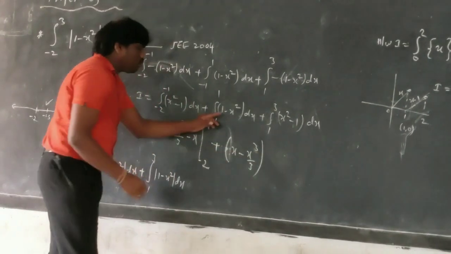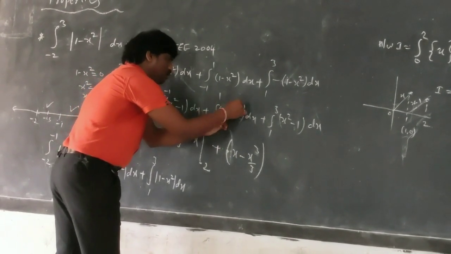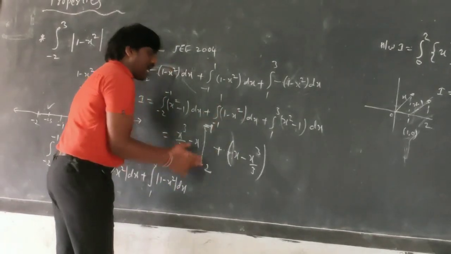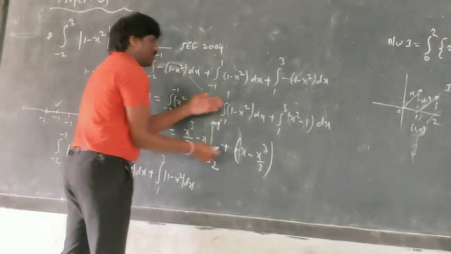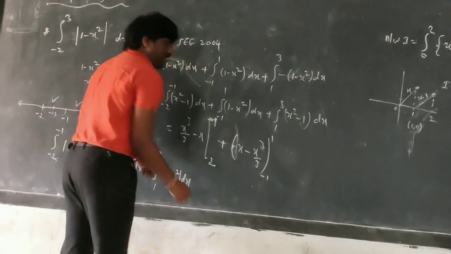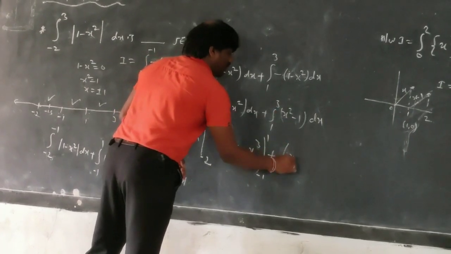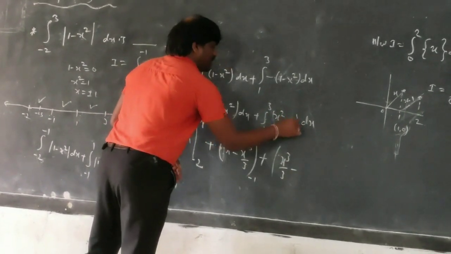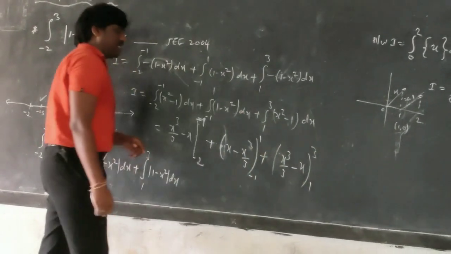See here, you can do them individually also, do the integration of this one and substitute. I am doing it combined. If you want to do the integration separately, you can do it separately and then substitute minus 1 and 1. Plus here, integration of x square is x cube by 3, minus integration of 1, x. Now I can substitute the lower limit and upper limit, 1 and 3.